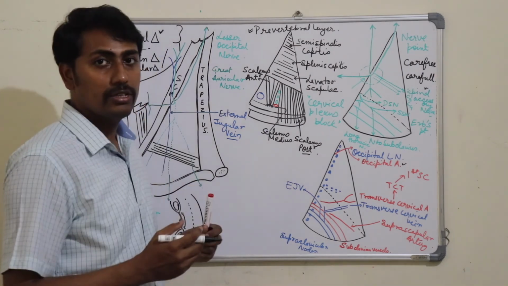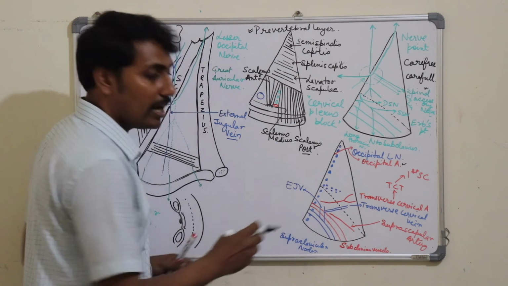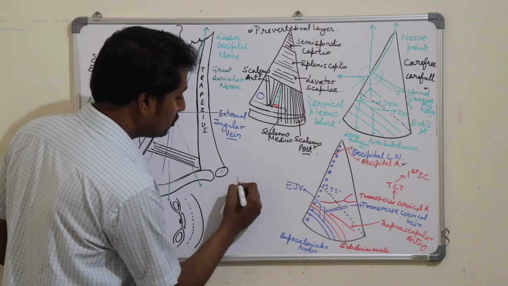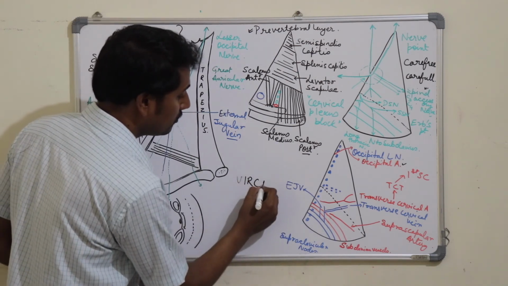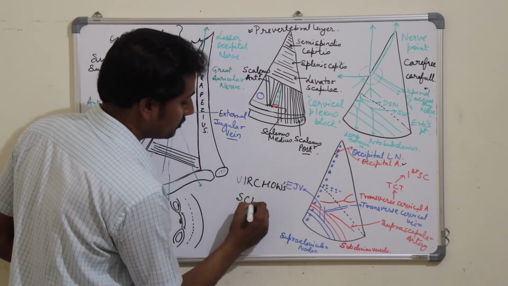Also, the left side supraclavicular lymph nodes are known as Virchow's nodes or Scalene nodes.